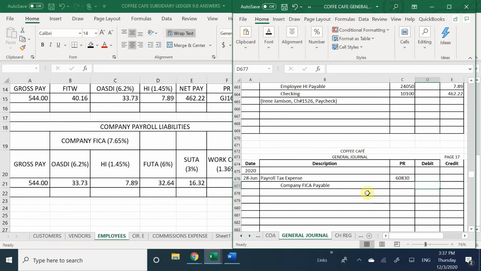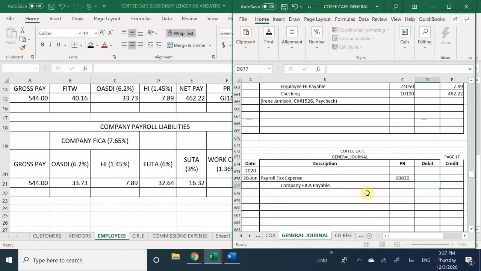Good. So with that being said, if FICA is just both of them together, what is our total company FICA that we owe?